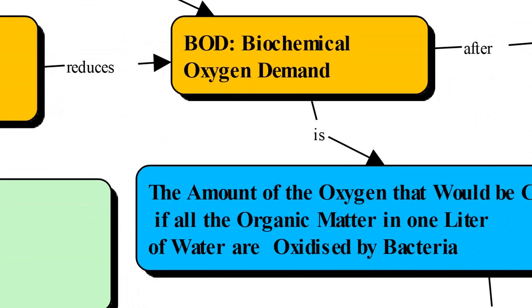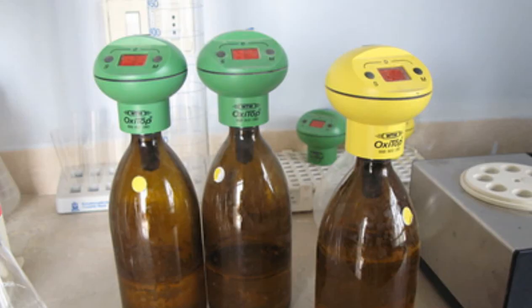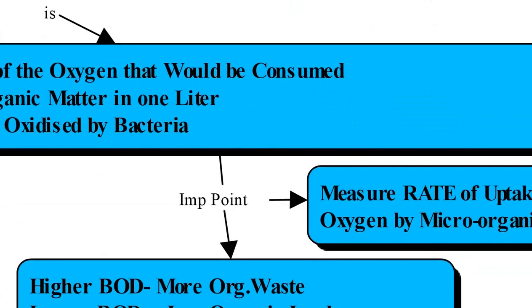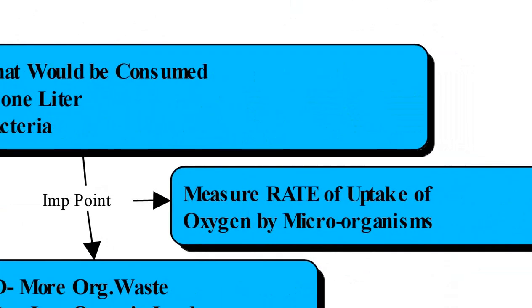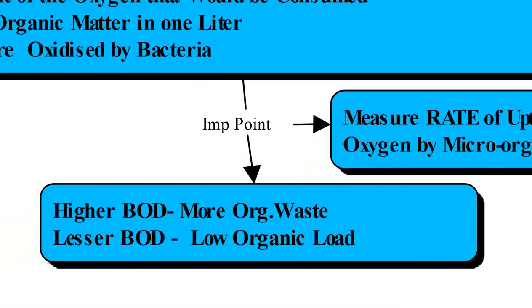BOD is the amount of oxygen that would be consumed if all organic matter in 1 liter of water were oxidized by bacteria. Here the important point is that BOD measures the rate of uptake of oxygen by the microorganisms, so indirectly it gives the organic load present in the sewage water.